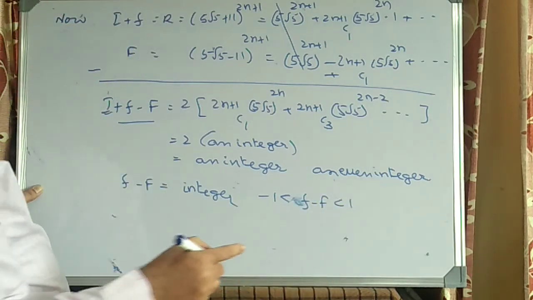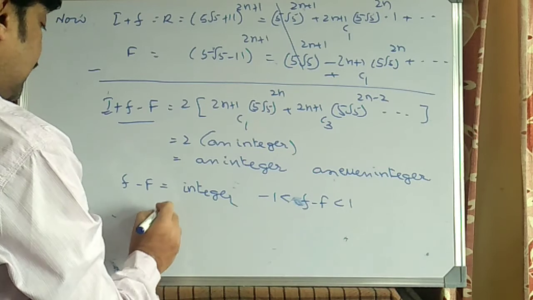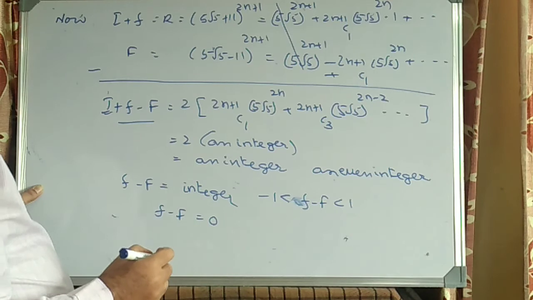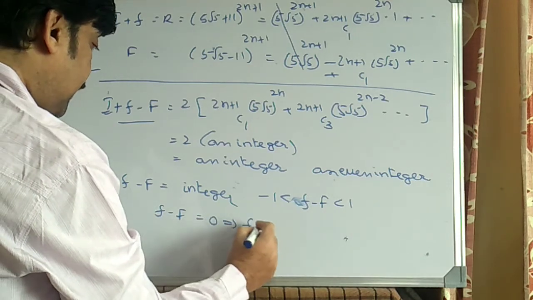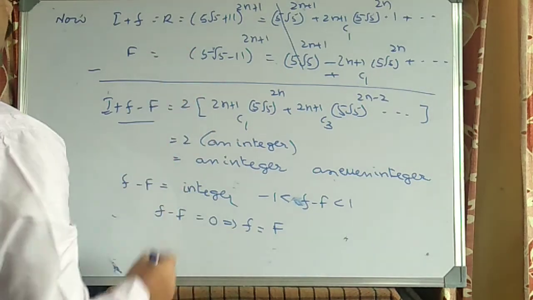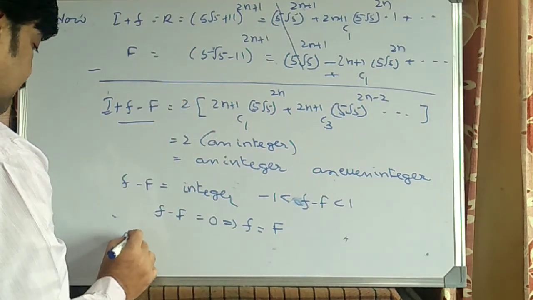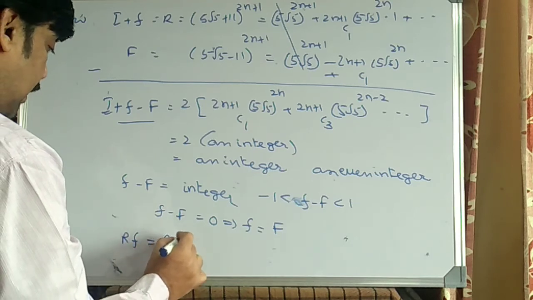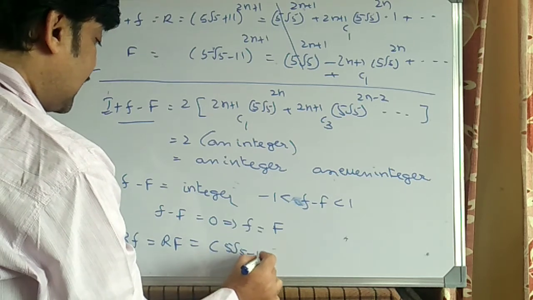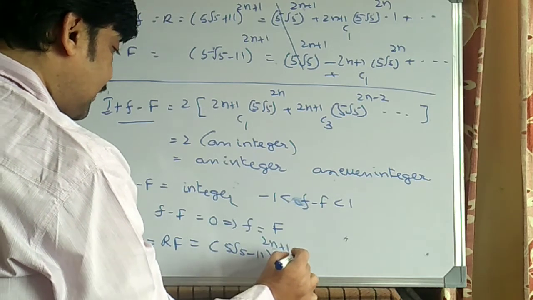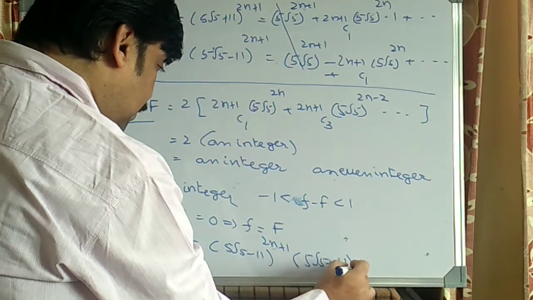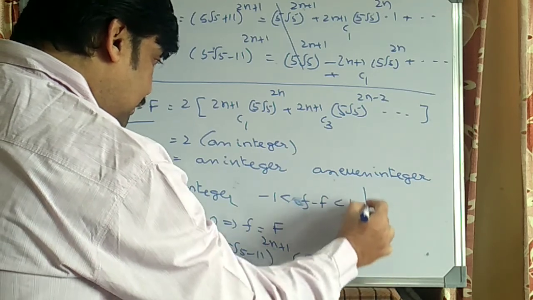The only integer between minus 1 and plus 1 is 0, so small f minus capital F is equal to 0, which means small f is nothing but capital F. So now R times small f is equal to R times capital F, that is (5√5 − 11) to the power 2n+1 into (5√5 + 11) to the power 2n+1.